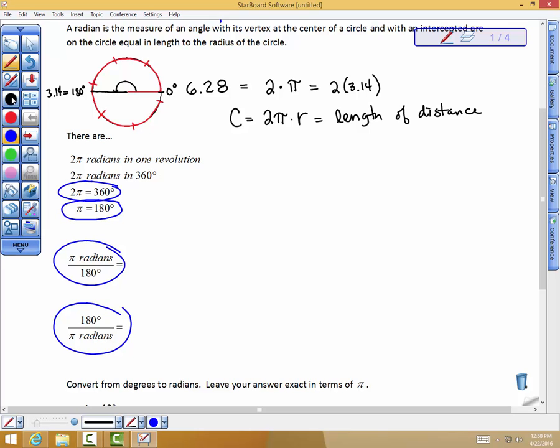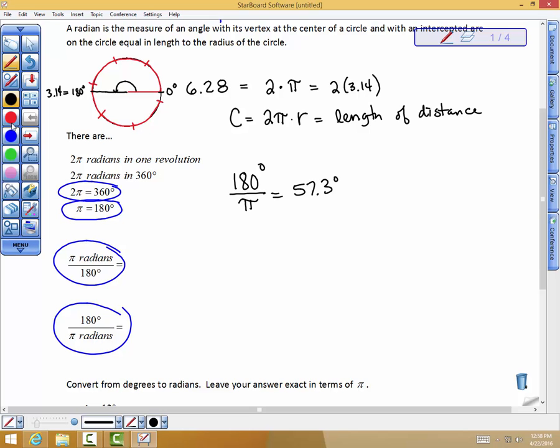But before we do that, I want you to take your calculator and take 180 degrees and divide it by pi. So half of a circle divided by 3.14. And when you do that, you're going to get 57.3.